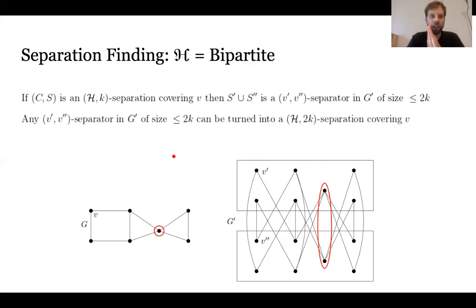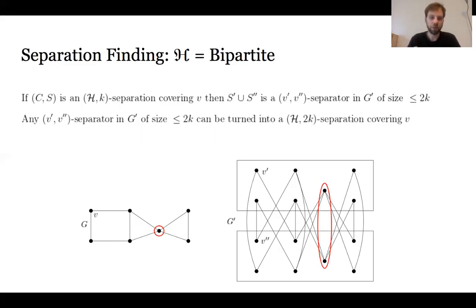And this observation implies that once we have some CS separation, then when we take both copies of each vertex in S, this forms a V prime, V double prime separator in G prime of size at most 2K. So now we can just find a minimal V prime, V double prime separator in polynomial time, and this can be transformed into an H2K separation covering V in the graph G. So this provides us with a 2 approximation for the separation finding problem.